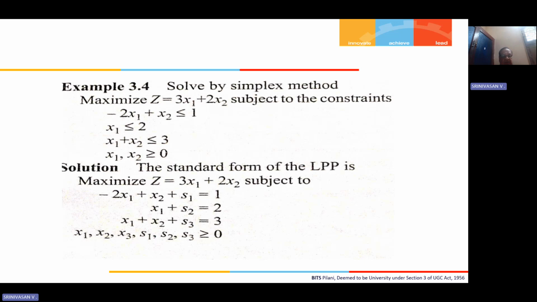Now, just see that. Solve. This is very important. Solve by simplex method.